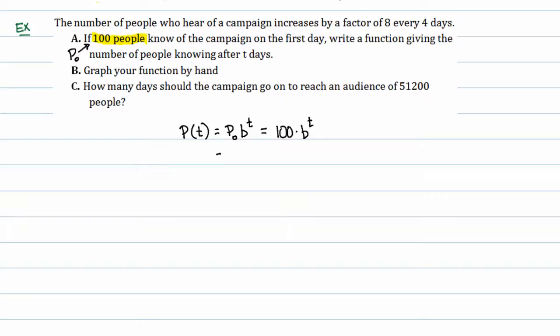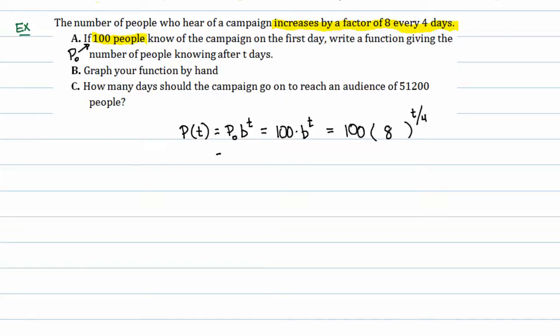Well, they tell me that it increases by a factor of 8. In other words, it gets multiplied by a factor of 8 every 4 days. From our previous work with function notations and building exponential functions from word problems, we know that means we have something like 8 in here, because every single group of days it gets multiplied by 8, and that happens every 4 days.